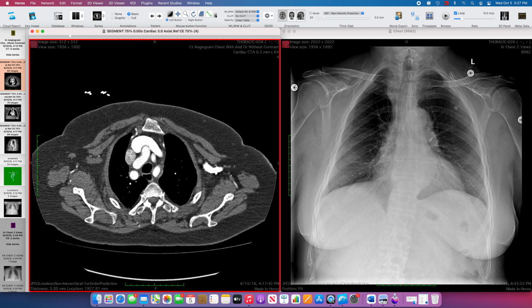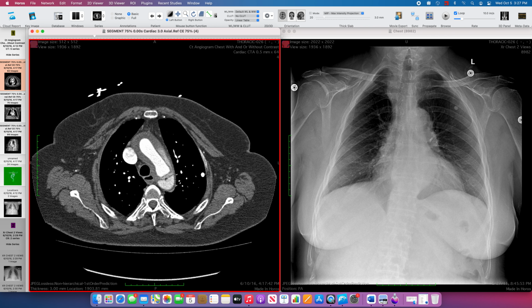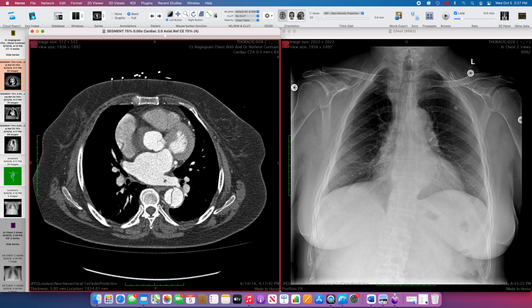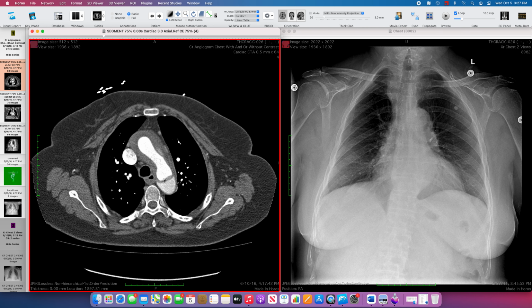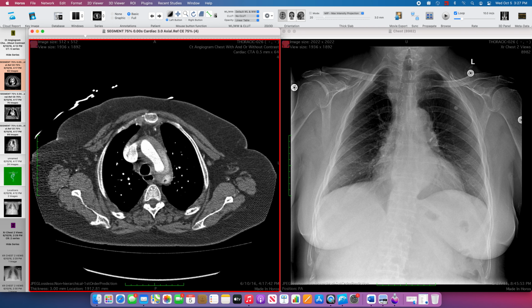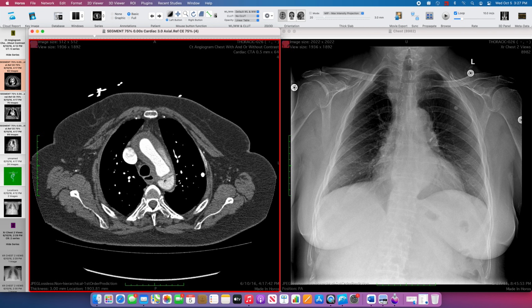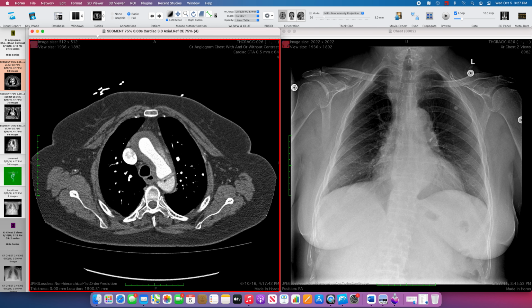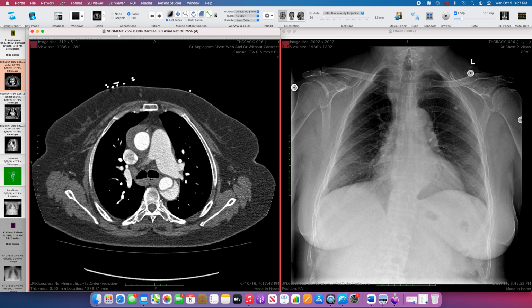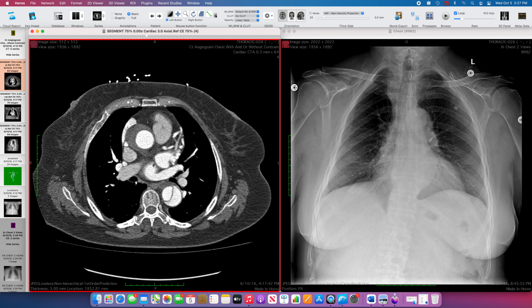If that dissection occurred distal to the left subclavian artery and only extended down the descending from that point, then we would call it a Stanford B. There are some middle ground dissections involving the arch, but I won't get into the details of that. Mainly, I want to show you that this is a Stanford A. It involves the ascending aorta.